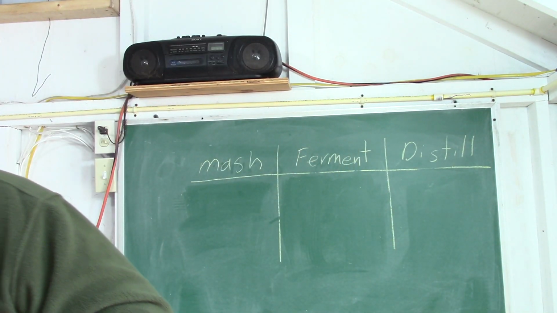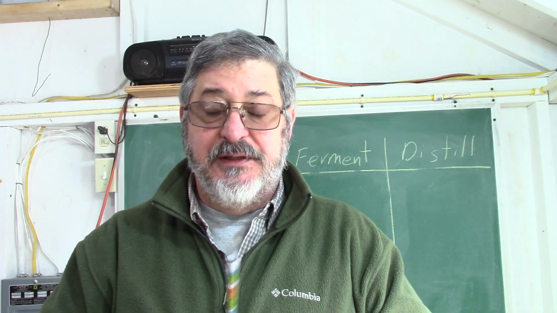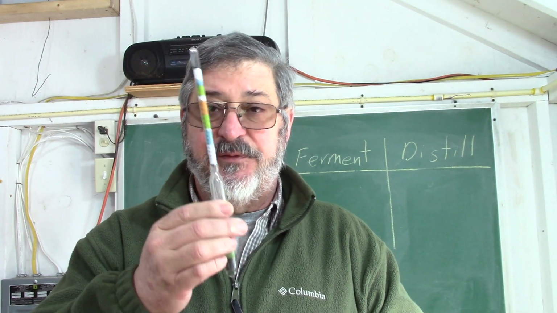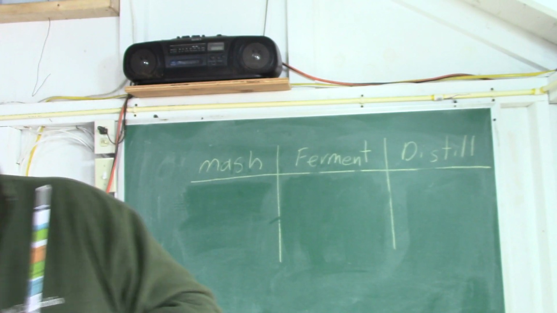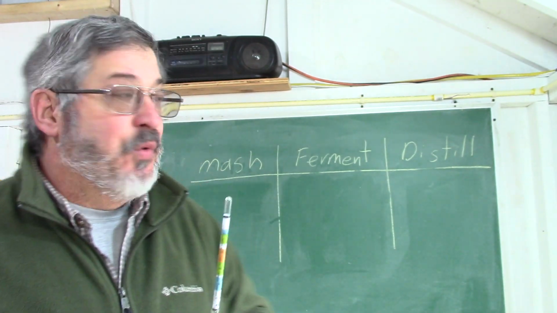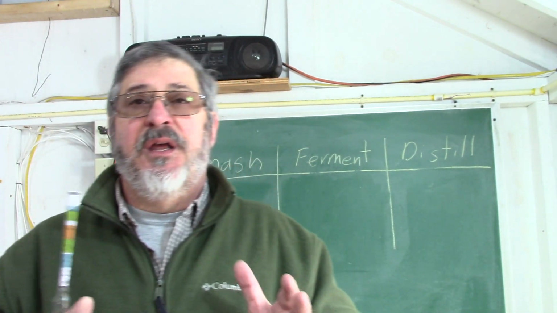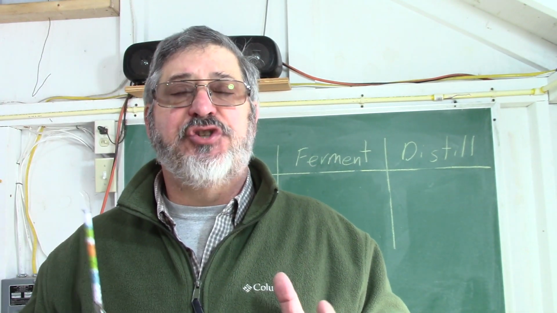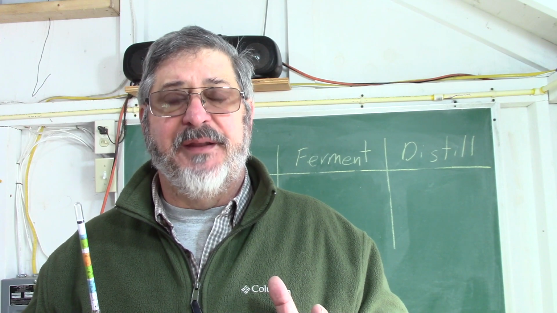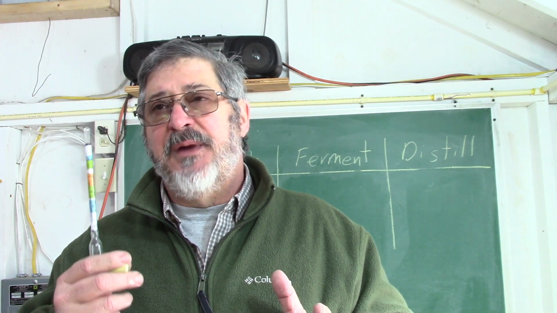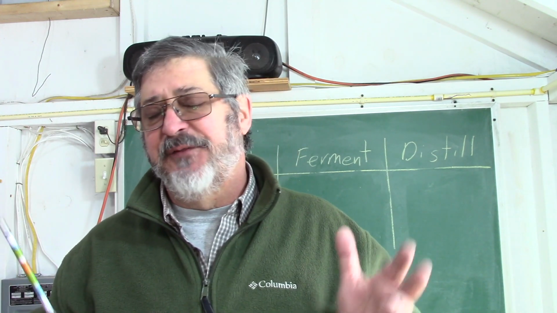The tool that we're going to use is a specific gravity hydrometer. The mash is where we're gathering sugars to ferment, and we might be getting those sugars in many different ways.